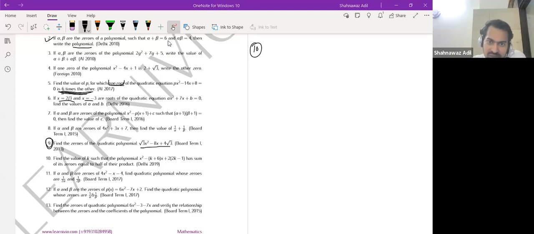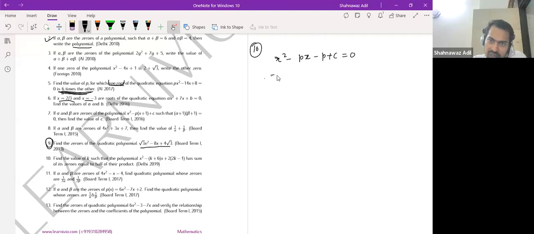For our previous question, the answer was supposed to be 1, not minus 1. So let me check that. The polynomial is x square minus px minus p plus c equals 0.